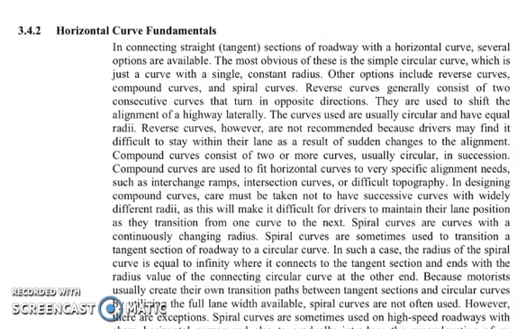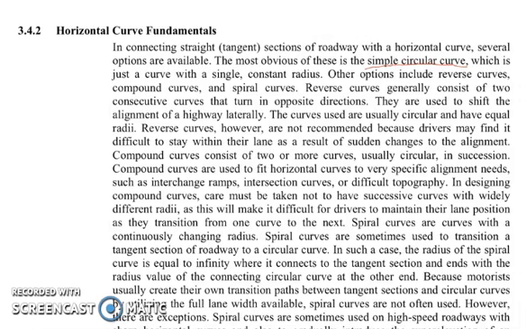In connecting a straight or tangent section of roadway with a horizontal curve, there are several options available. We have 4 options actually. First is the simple circular curve, which is just a curve with a single constant radius.